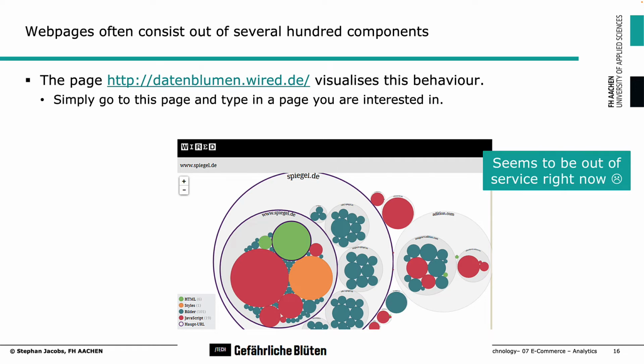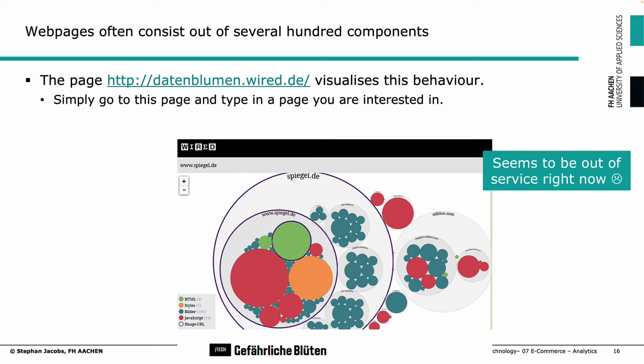You see different colors. The green part is HTML, the orange part is CSS, and there are many pictures, which are in blue. Most of these images are located on spiegel.de, but you can see some outside of this spiegel.de circle.